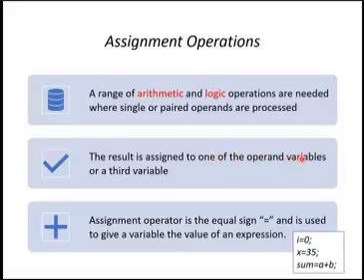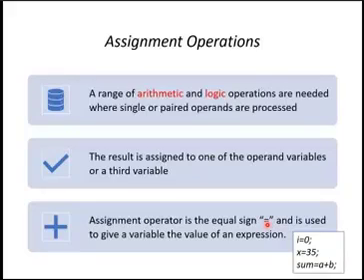It is actually a range of arithmetic and logic operations when a single or pair of operands are processed. So basically, it involves either arithmetic, logical, or both. The operand can be single or pair, which I will explain later on.